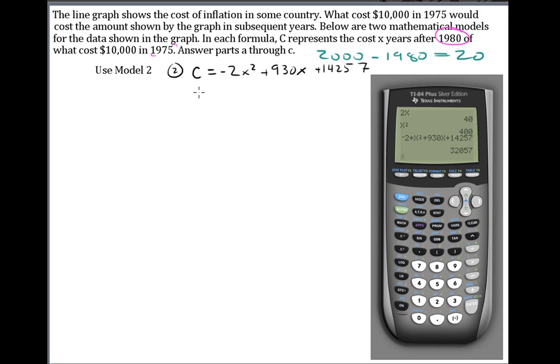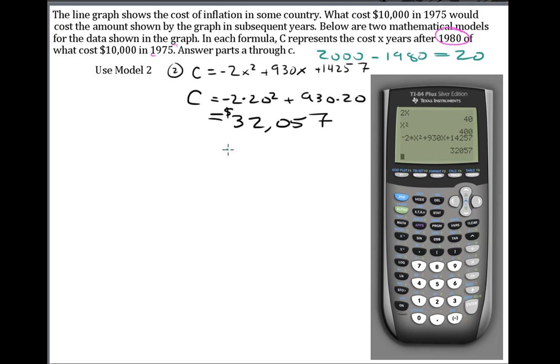So our cost, negative 2 times 20 squared plus 930 times 20 plus 14257, is $32,057.